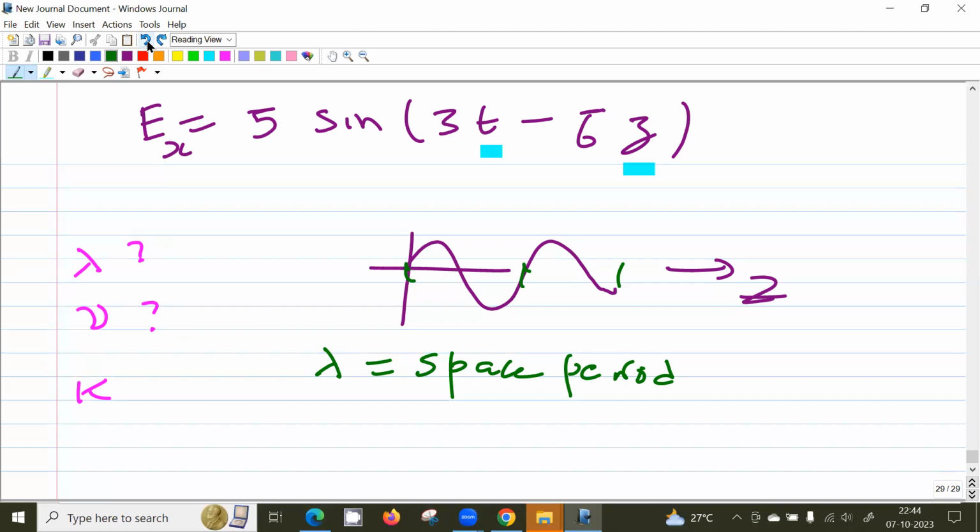How do you find that? If I replace Z by Z plus lambda, then this value should be the same, right? So 6 into Z should be equivalent to 6 into Z plus lambda. That means 6 into lambda should be 2 pi.